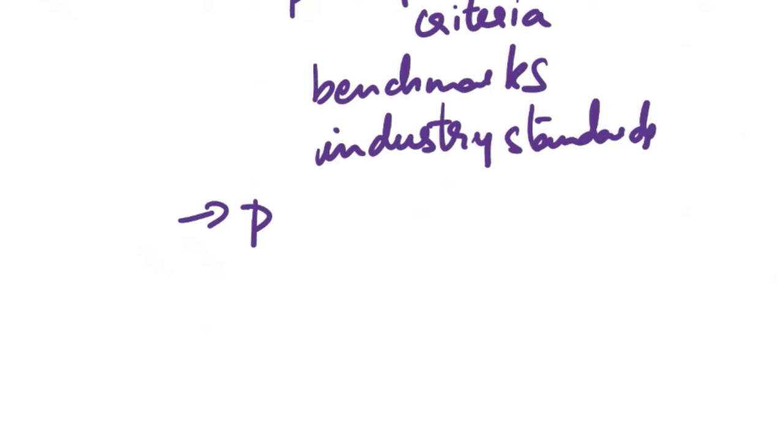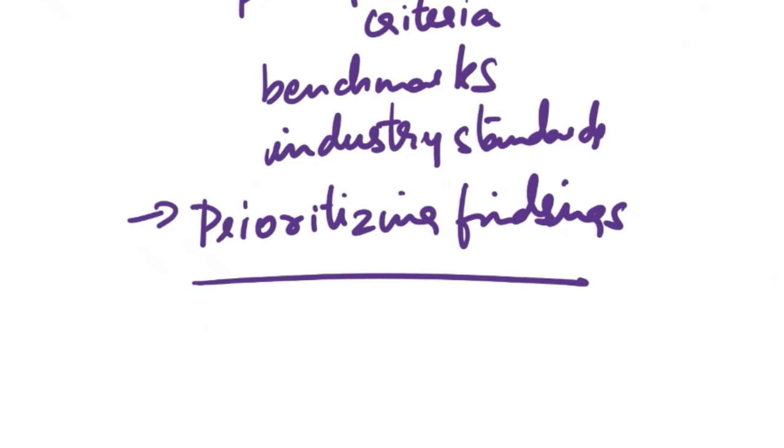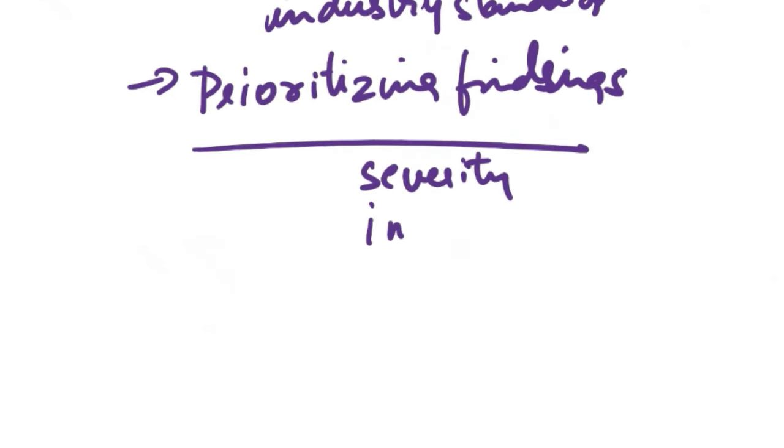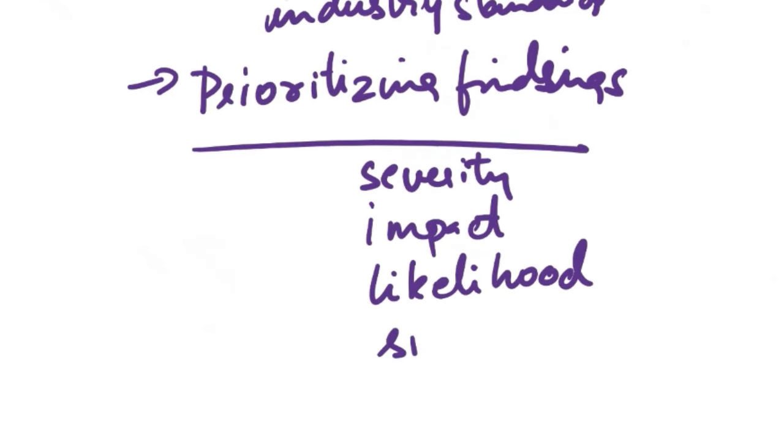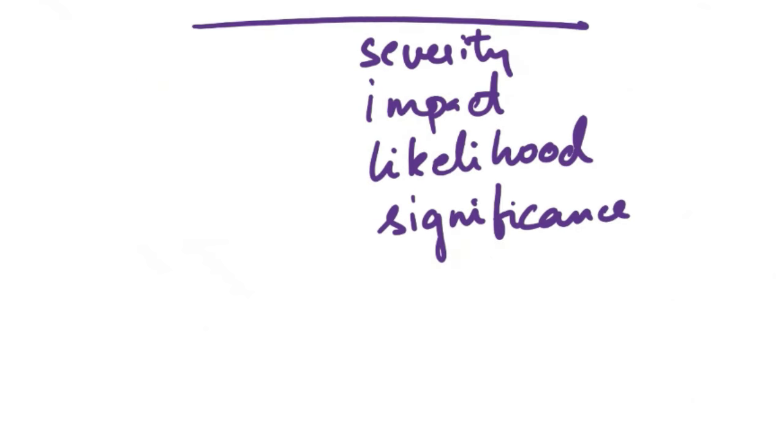Next is prioritizing findings, and this is done based on their severity, impact, likelihood, and significance to the organization. Focus on addressing critical and high priority findings first to mitigate immediate risks and prevent potential harm to the organization.